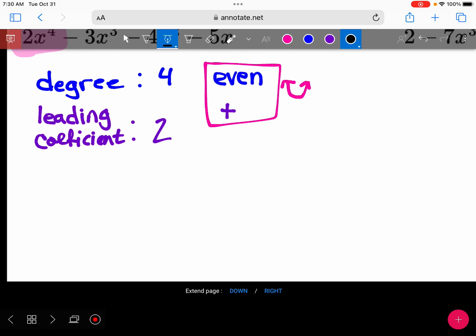So we can write out our end behavior for an even positive function by saying as x approaches negative infinity, my y approaches positive infinity, because my left arrow is going up.